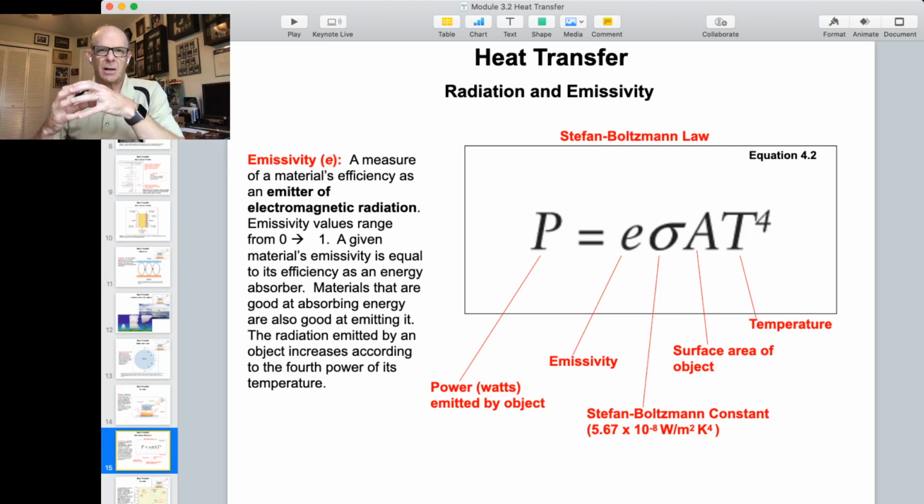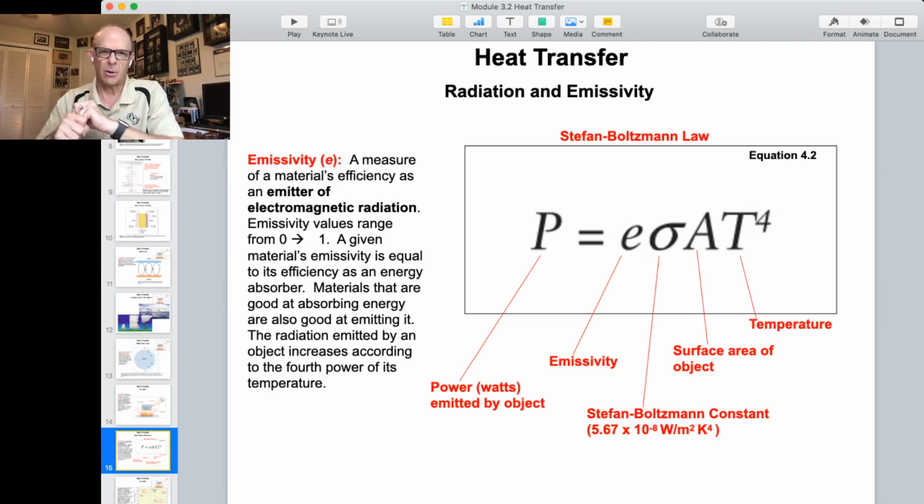Anything that is not at absolute zero and is a dense object that you can't see through is radiating what's called a thermal emission spectrum. It's radiating light at all wavelengths, and the amount of energy carried by that light is given by this scary looking equation here.